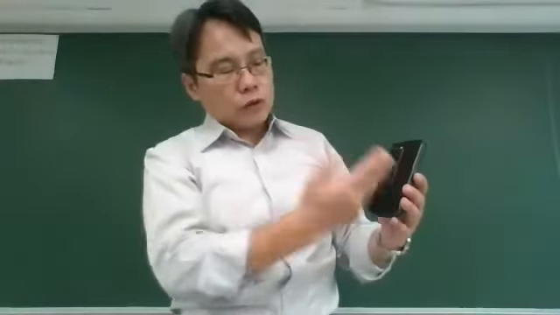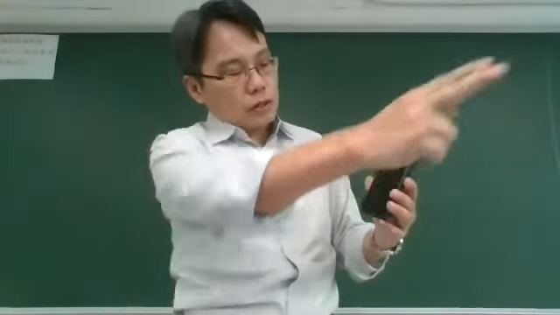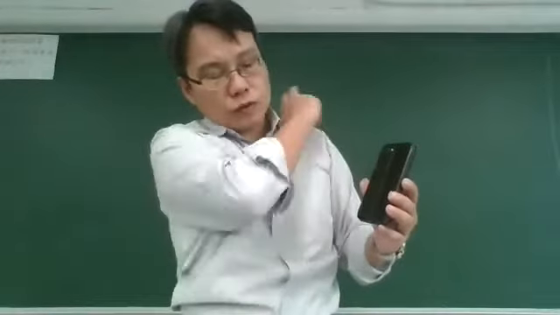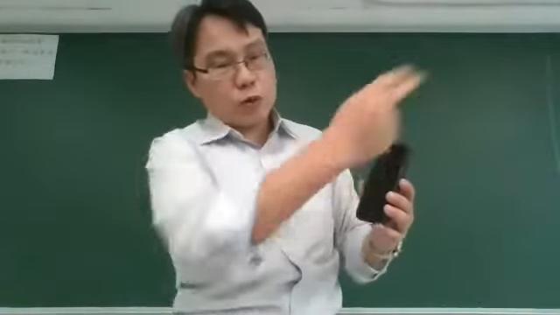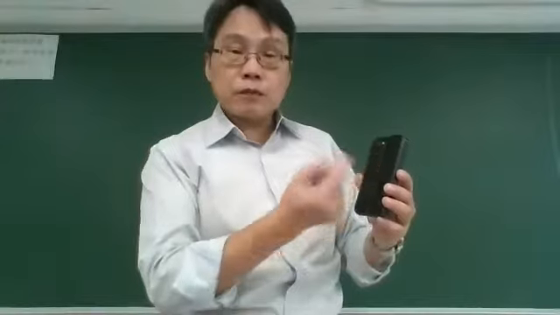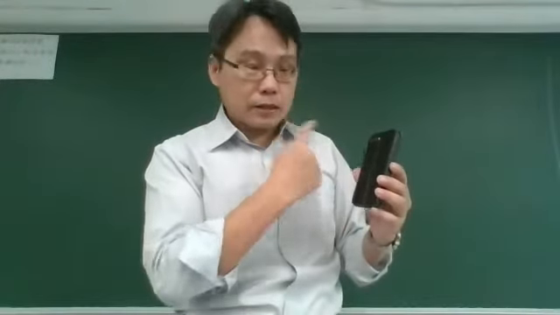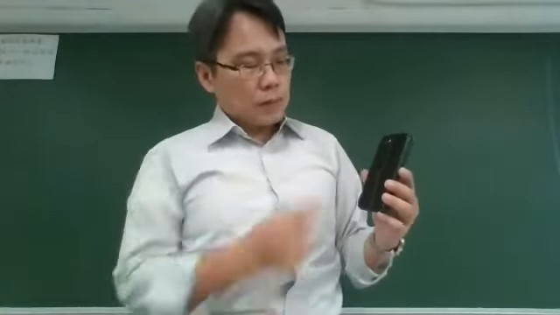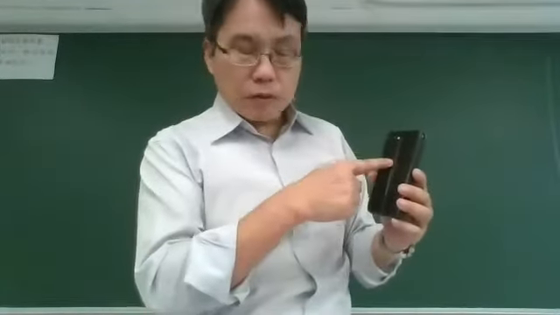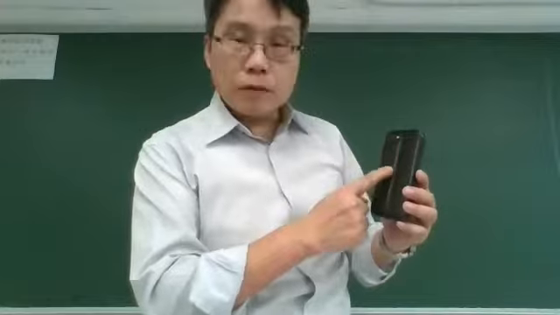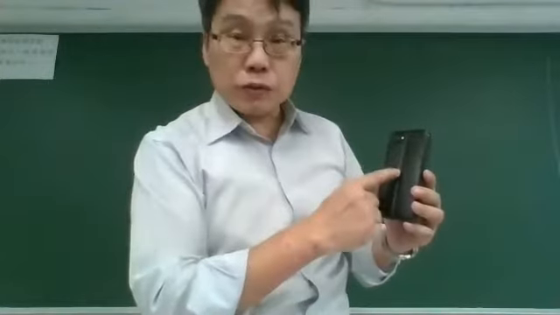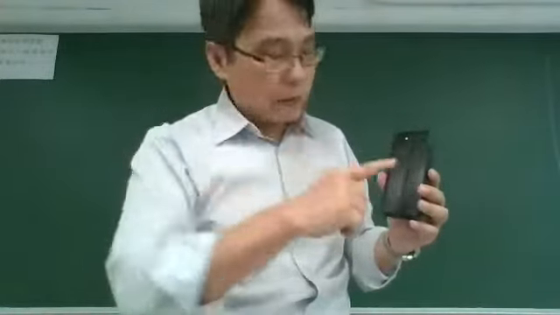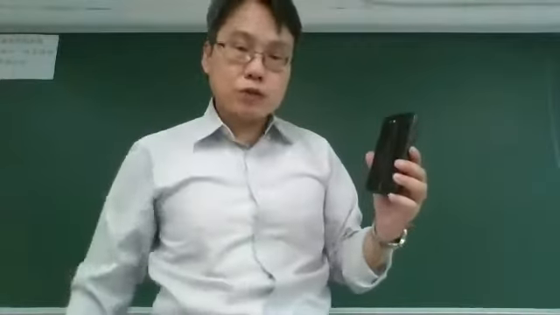Some light rays fall on the surface and are refracted in all directions, and some of the light rays enter my eyes so that I can observe this object. And some of the light rays rebound from the surface and enter this camera, so that you can observe this object.